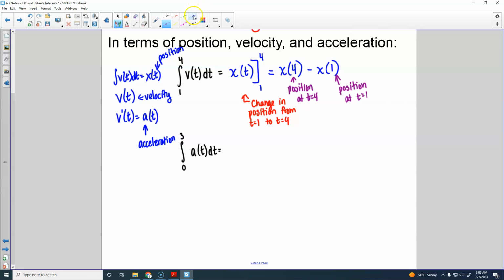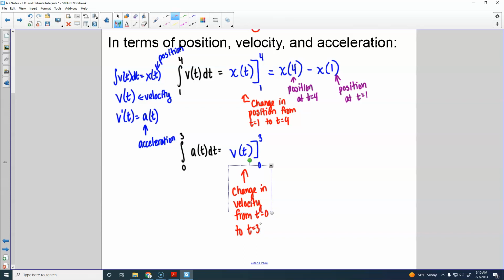I get velocity. So this is going to give me v of t from 0 to 3. What I'm looking at here is the change in velocity from t equals 0 to t equals 3.